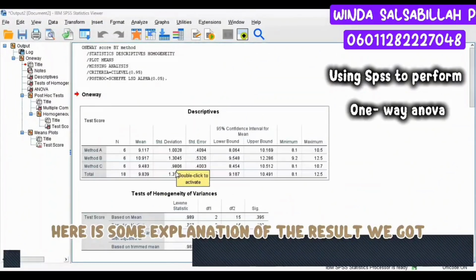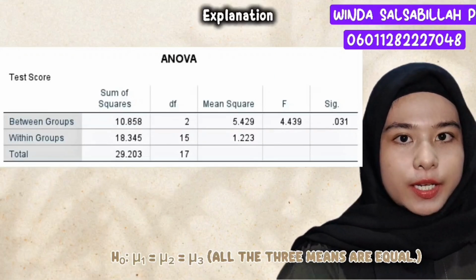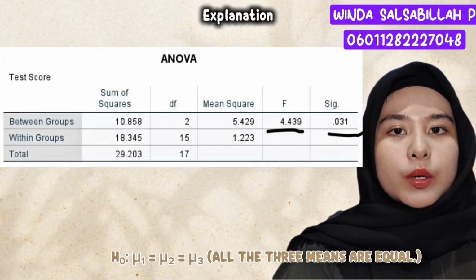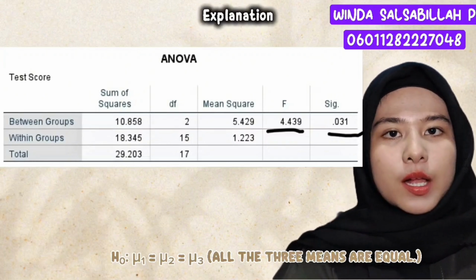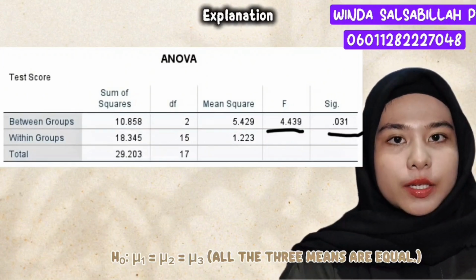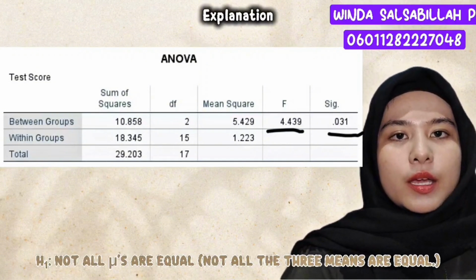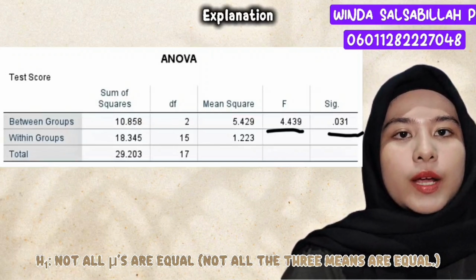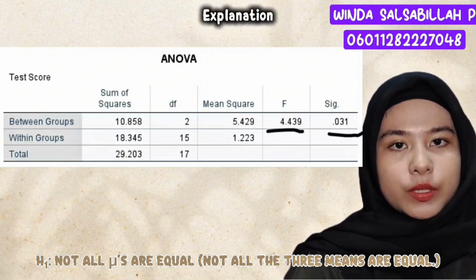And now here is some explanation of the result we got. H naught: mu1 equals mu2 equals mu3. All the three means are equal. H1: not all mu's are equal. Not all the three means are equal.